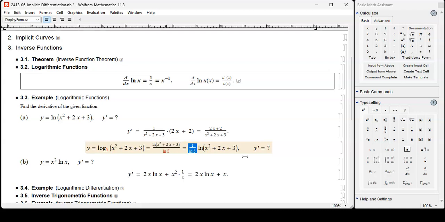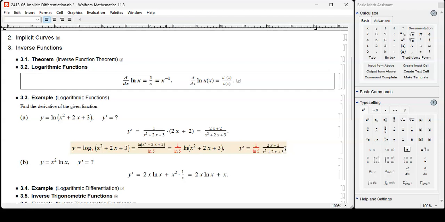And what is this? The same problem as before, same computation as before, except we have coefficient 1 over log of 5, and then the same computation as before. Let's highlight this in red.